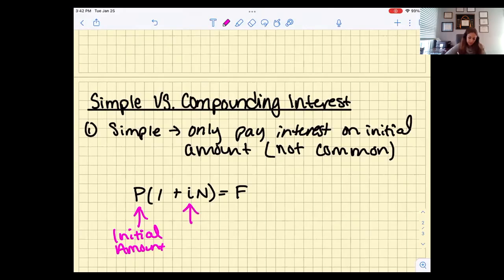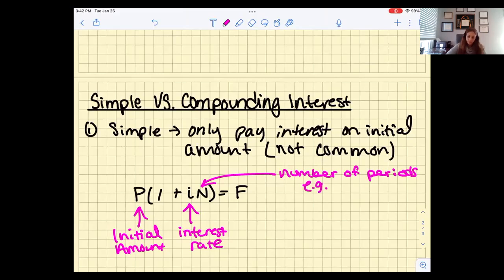I is your interest rate. N is the number of periods, so it could be months or years. And F is the final amount.